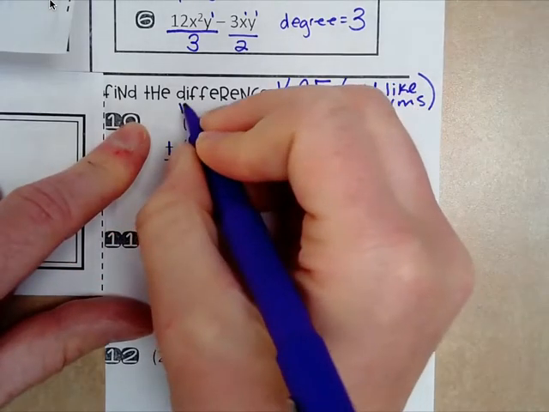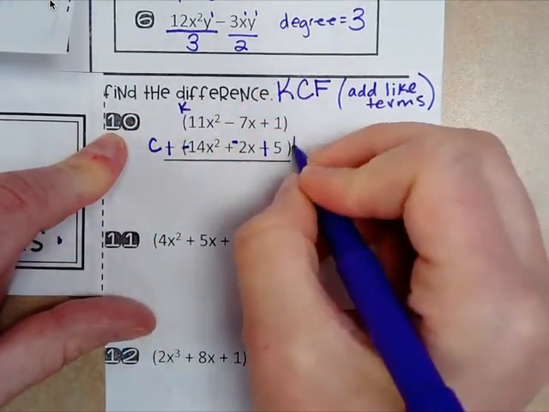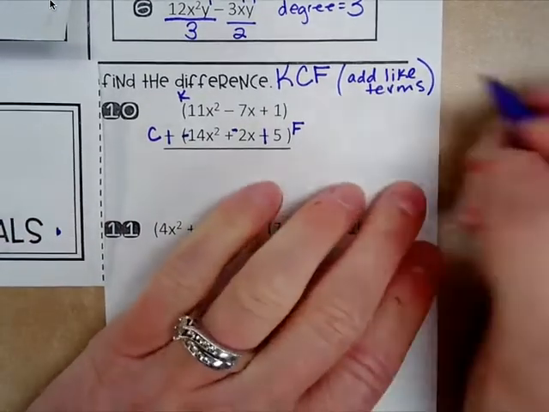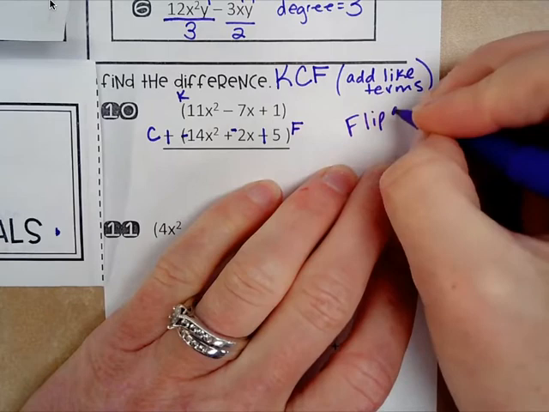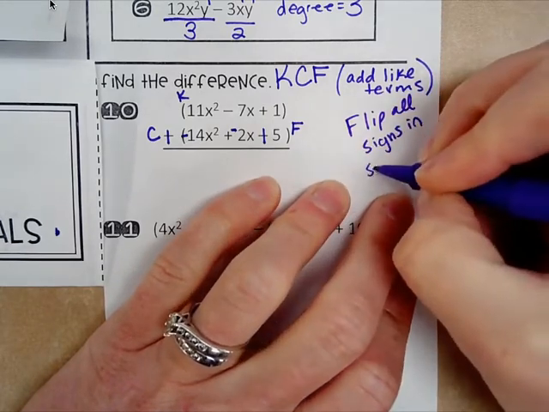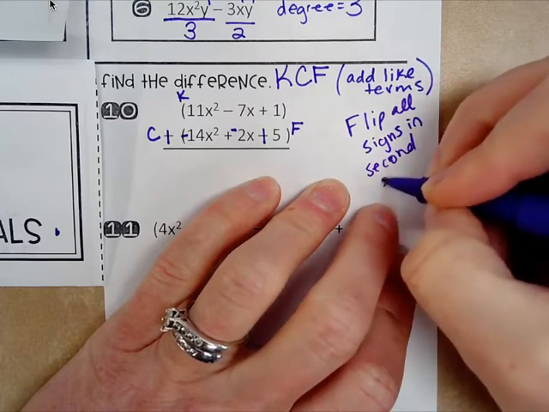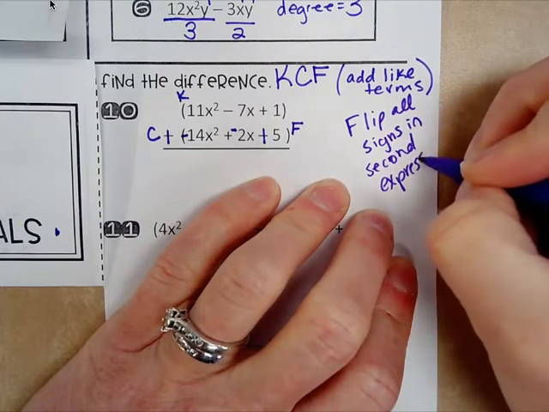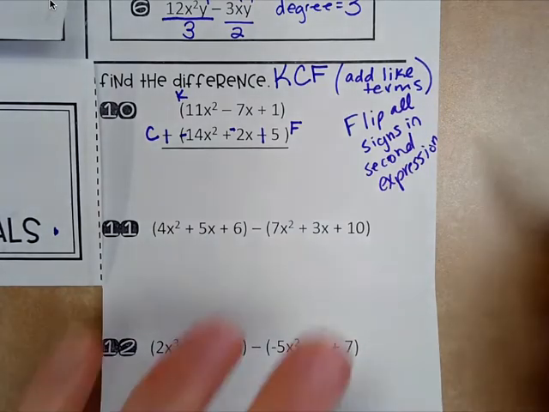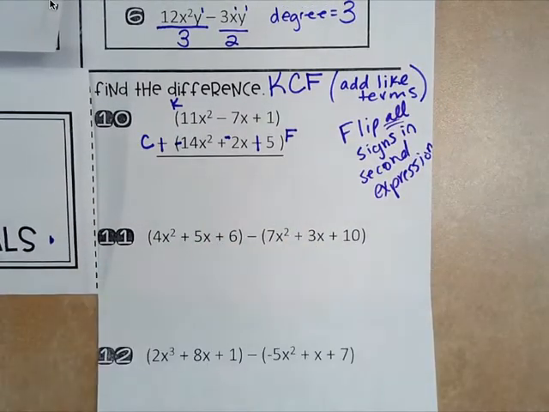So I'm keeping this, changing this, and flipping all of the signs in the second expression. Flip all signs in second expression. It's all signs, not just one sign, not just the first sign, all of them.